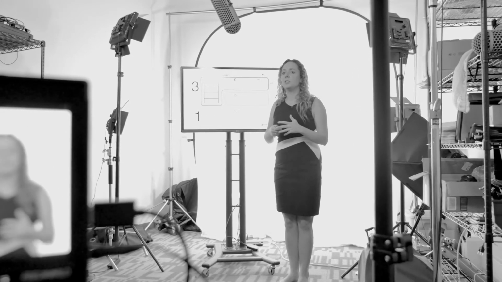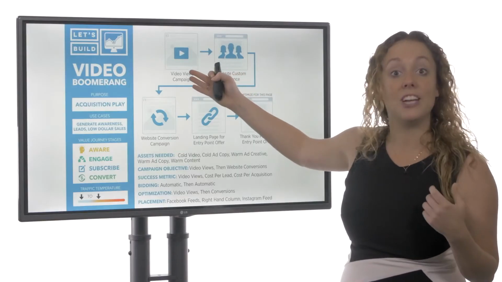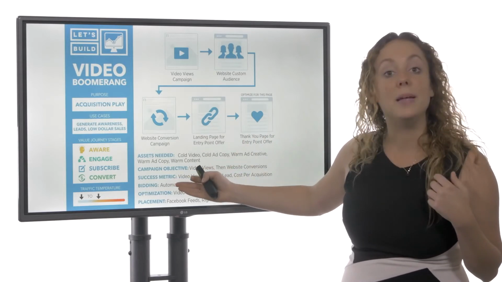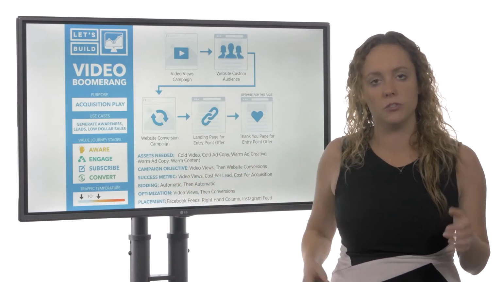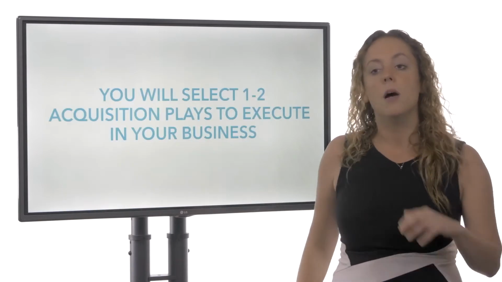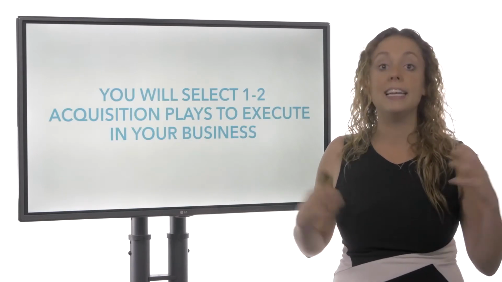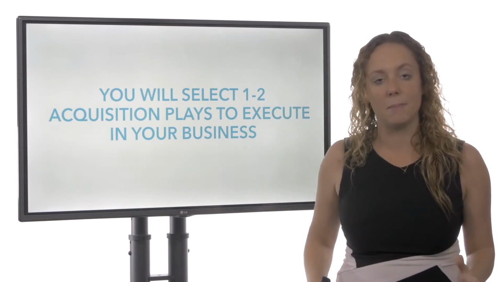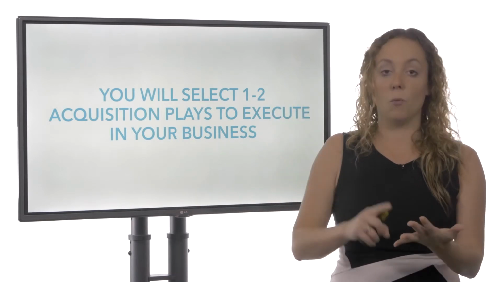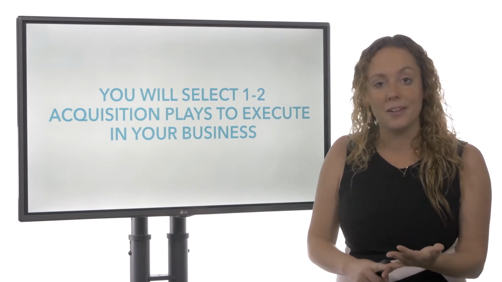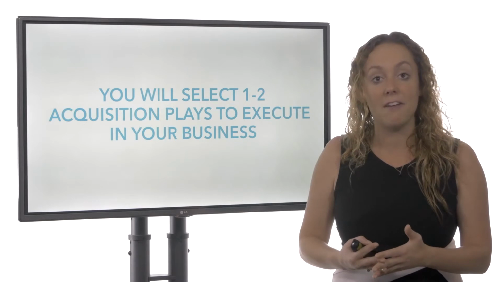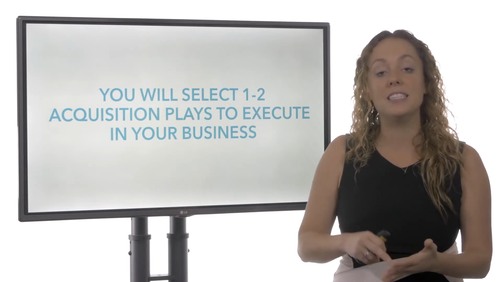And again, these plays are going to explain things like which objective you should use inside of Facebook, how you should bid, what placements you should use. And I'll show you all of that in a minute, but I want you to go through each play. And then at the end, I want you to assess the different plays depending on what types of businesses I've said that the plays are great for, depending on what assets that you currently have in your business, depending on your business goals.